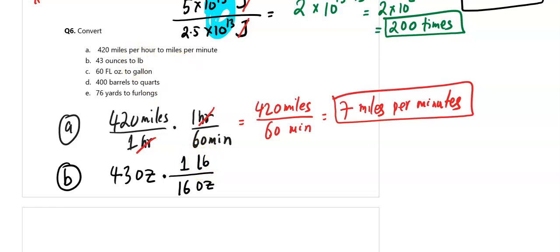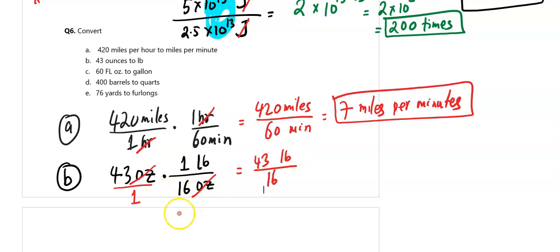So basically you can see 43 ounces over 1, just 1. So the ounce cancels, and you multiply 43 times 1 is 43 pounds in the top, lb as in pound, and 16 times 1 is 16 in the bottom.